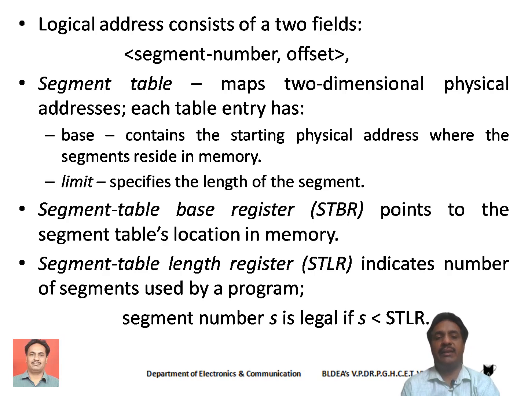This segment table consists of two fields: one is base and the second field we call limit. The base field holds the starting address of the segment where the segment is stored in physical memory. On the other hand, the limit contains the length of the segment.